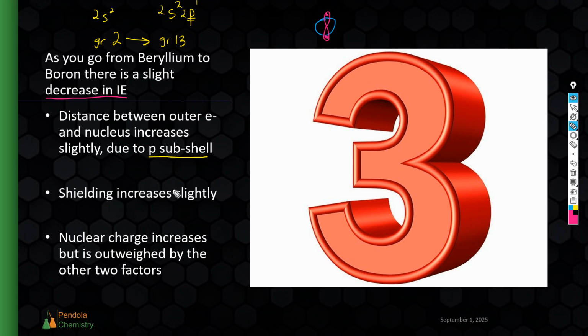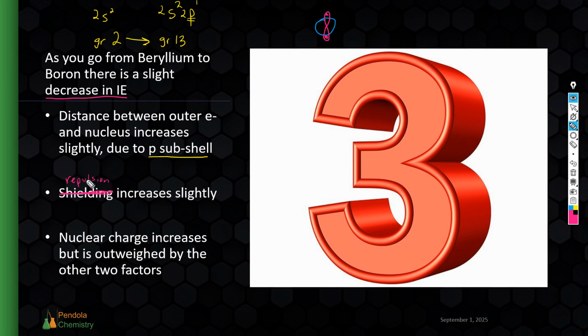The shielding increases slightly. Again, this is not shielding. Even though we can call it shielding, I'm going to reserve that word for energy levels and say the repulsion increases slightly. Some of the textbooks, I believe your textbook, use the word shielding, but I prefer repulsion because shielding refers more to shielding between energy levels.